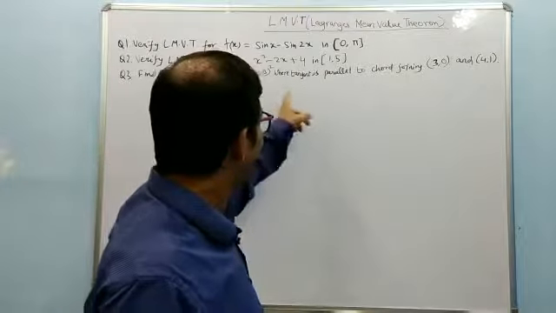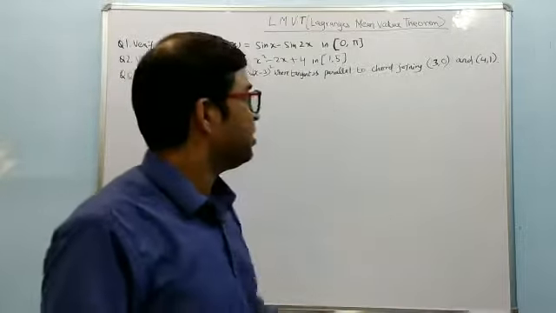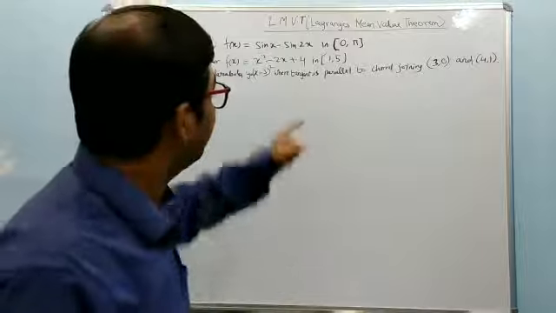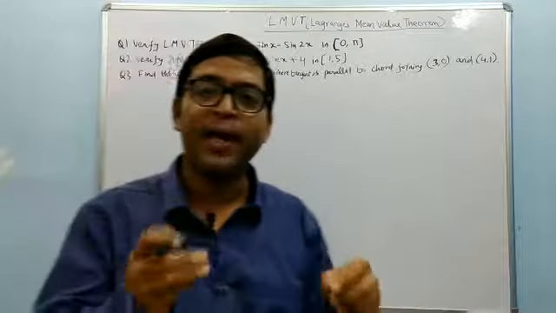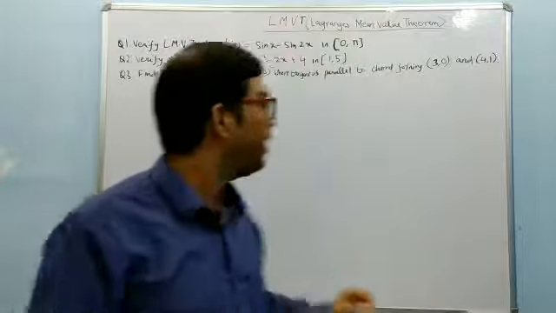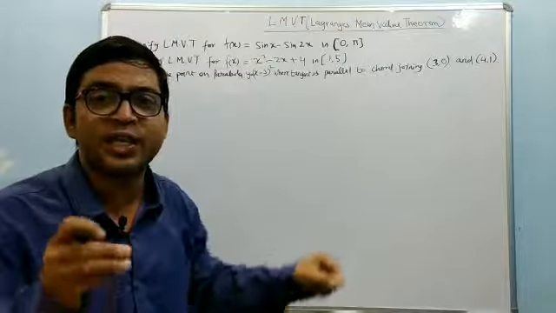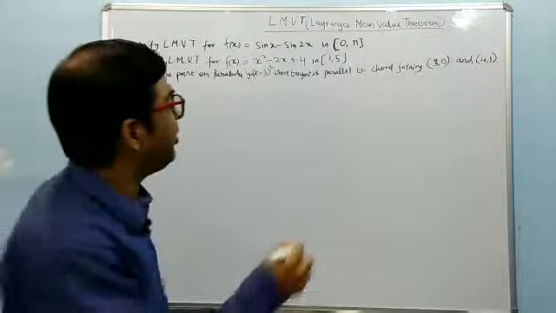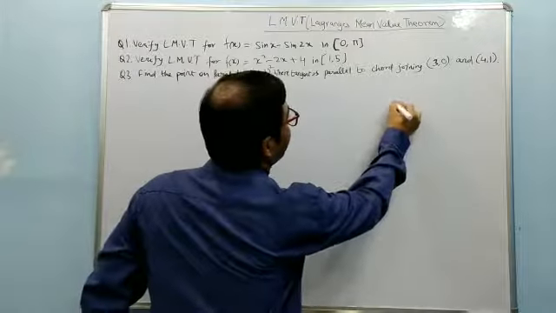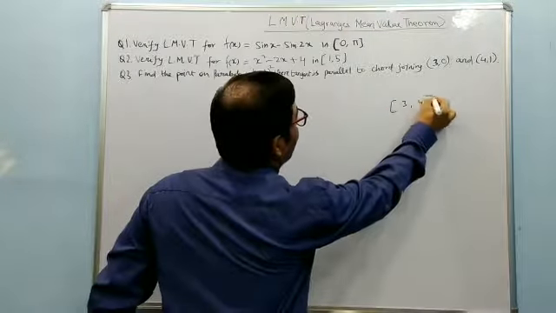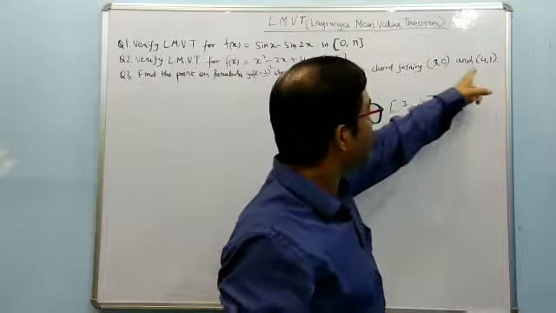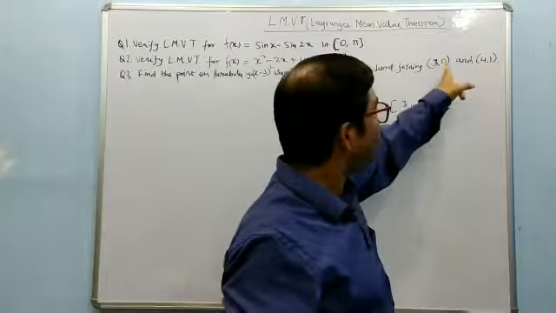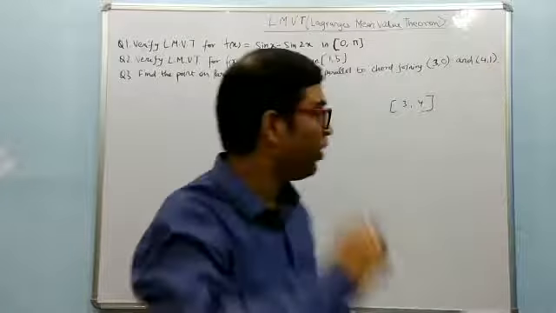Find the points on the parabola where the tangent is parallel to the chord joining the given points. See here, we can apply LMVT very easily. Why? This function is continuous and differentiable in the interval 3, 4. This is a, this is b, this is f(a), this is f(b), the y coordinates.